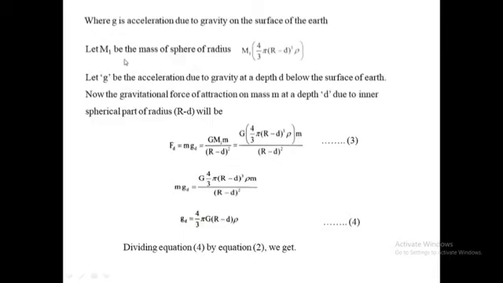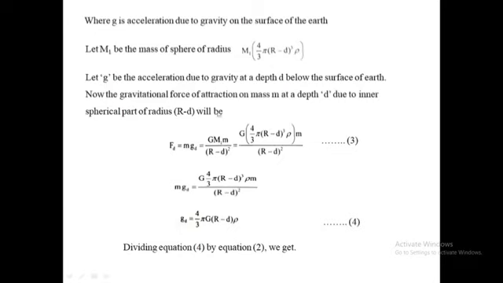Let capital M1 be the mass of the sphere of radius (R minus d), which is given by M1 equal to 4 by 3 pi (R minus d) cube into rho. Let g_d be the acceleration due to gravity at depth d below the surface of the Earth.